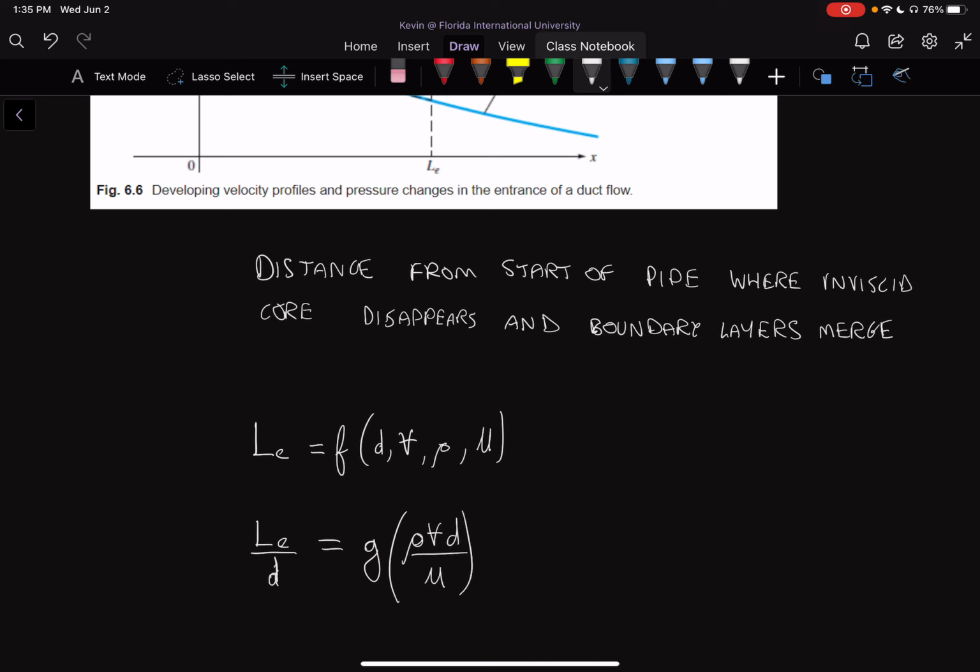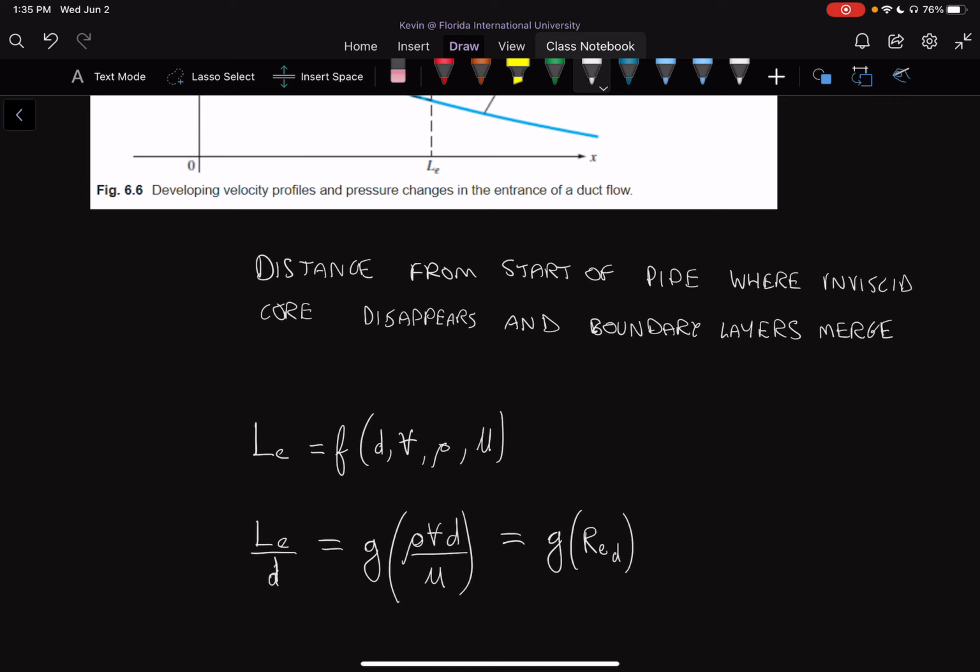You could have non-dimensionalized this equation by just using your techniques from module 5, but here it's done for you. This was more of an exercise for you. And so we know that the length of the entrance divided by our diameter is going to be equal to a function of Reynolds number based on D. So depending on the Reynolds number, our length of the entrance is going to change.